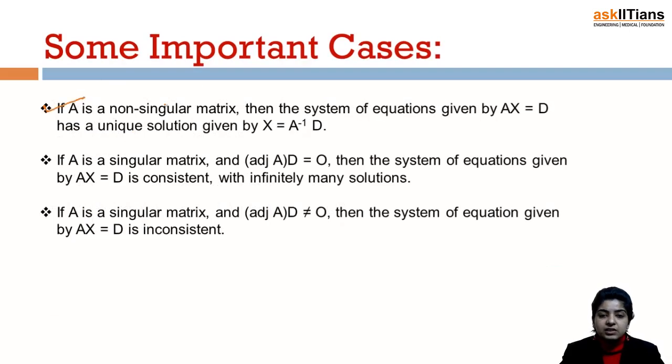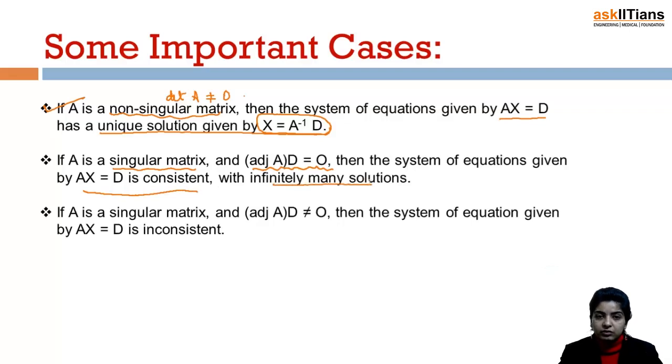First of all, if A is a non-singular matrix, non-singular means determinant of A is non-zero, then the system of equations given by AX equal to D has a unique solution given by X equal to A inverse D. We have already seen how we get this. If A is a singular matrix and adjoint of A into D is 0, then the system of equations given by AX equal to D is consistent with infinitely many solutions.